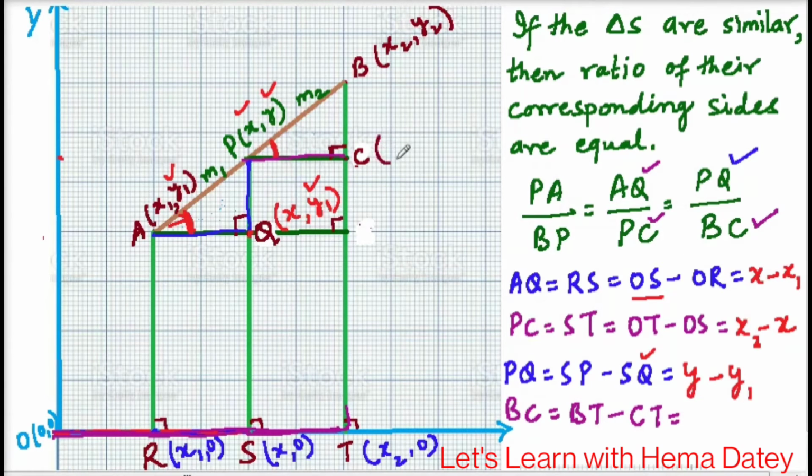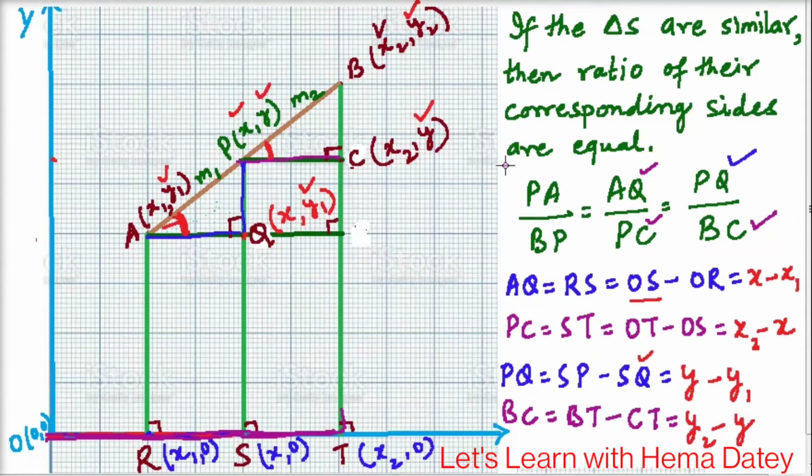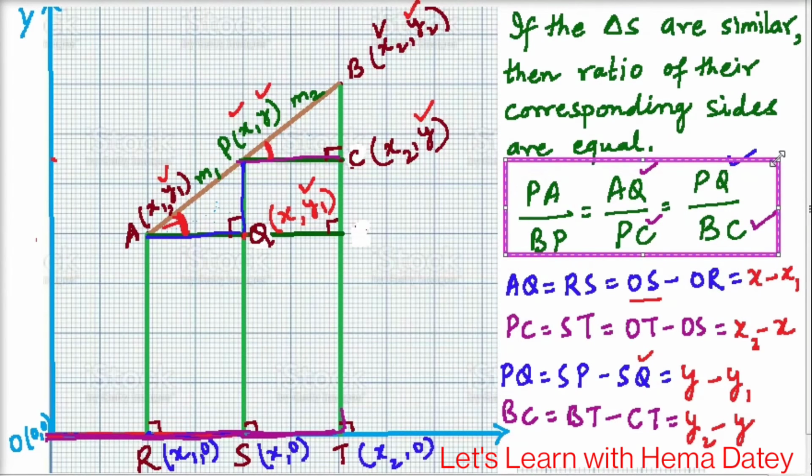Let's find out the coordinates of point C. X coordinate is the distance from y-axis and that we have x2 and y coordinate is the distance from x-axis and that we have y. So BT means distance from x-axis which is y2 minus CT is the distance from x-axis, that is y.